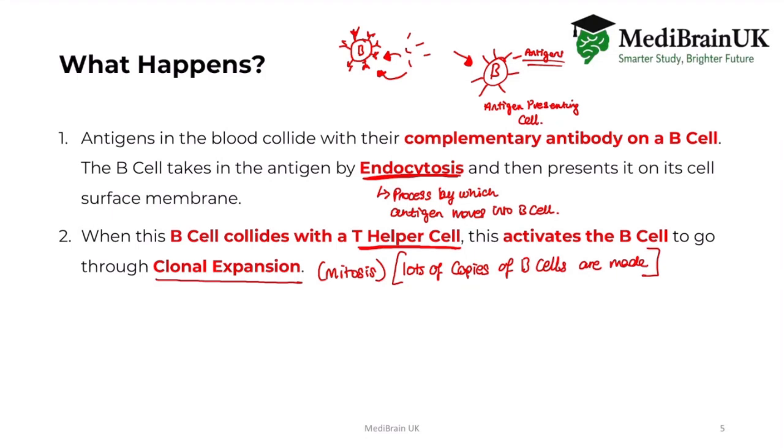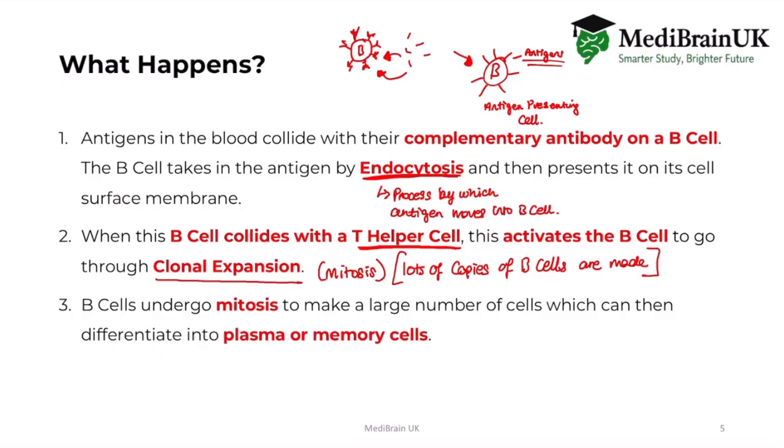The B cell has been activated by your T helper cell, and now it has been stimulated to undergo clonal expansion, which is going through mitosis to produce a lot of copies of itself. Once it's done that, it would have produced a large number of cells, and those cells will differentiate into either plasma cells or memory cells. Okay, and we're going to go through them in the next couple of slides.